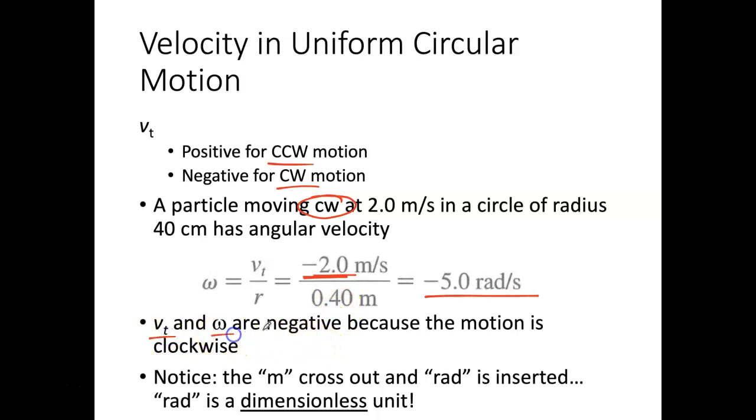Vt and omega are both negative because we know that motion is clockwise, and sorry, I think I said counterclockwise, it is clockwise. And if you notice, the meters cross off and we're left with something over a second, which is a hertz. And so radians is really a dimensionless unit, so we really don't even need that.